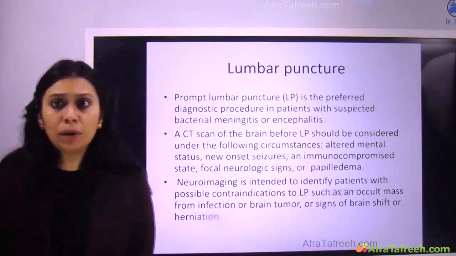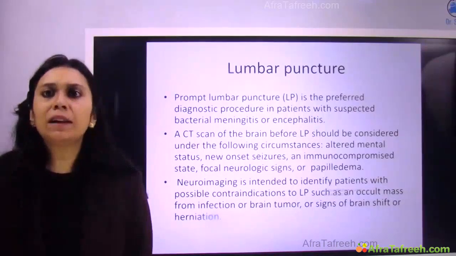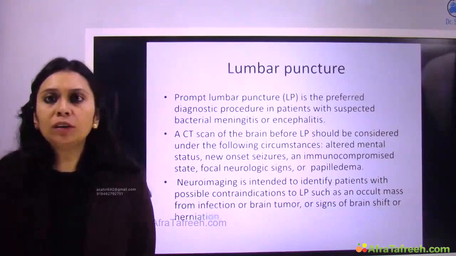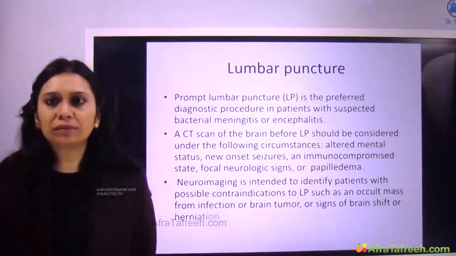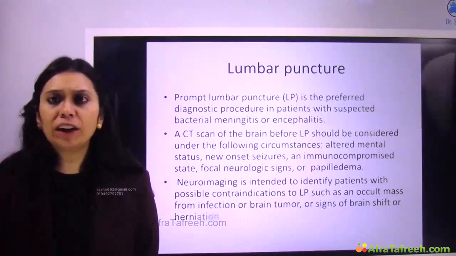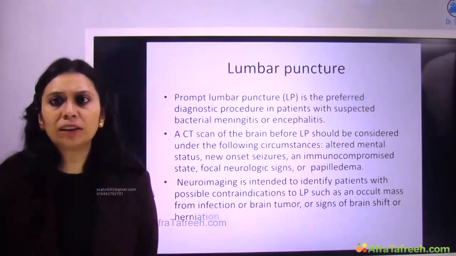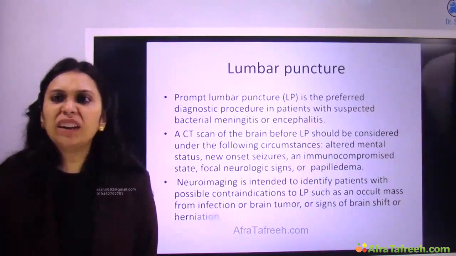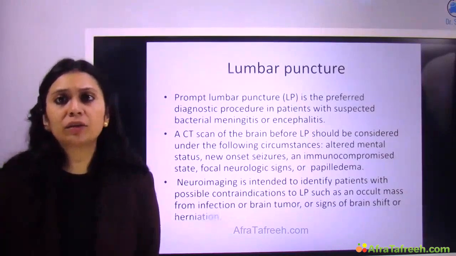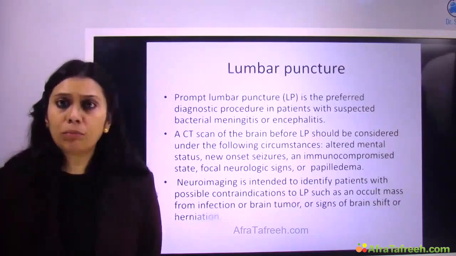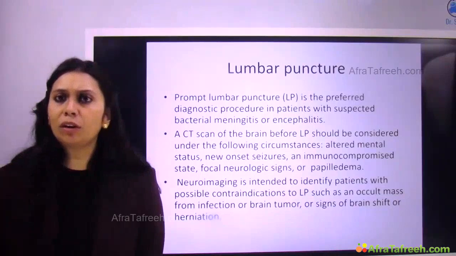Now, lumbar puncture is the preferred diagnostic procedure, and it is preferable if, prior to lumbar puncture, we do a CT scan to rule out any intracranial pathology. The presentation of meningitis and encephalitis is very similar to a number of intracranial pathologies like ICH, subarachnoid hemorrhage or cerebral mass, etc. So we have to rule out all these conditions.